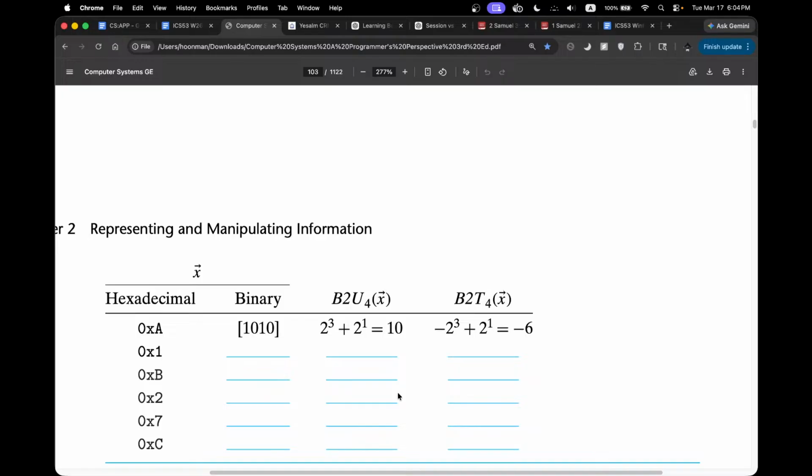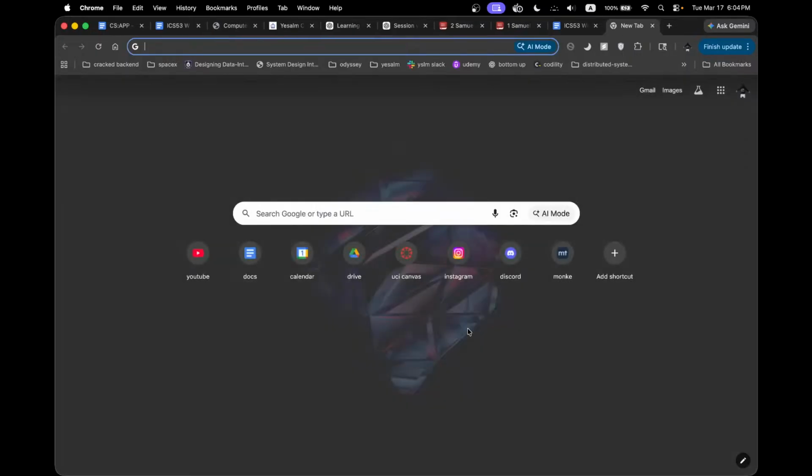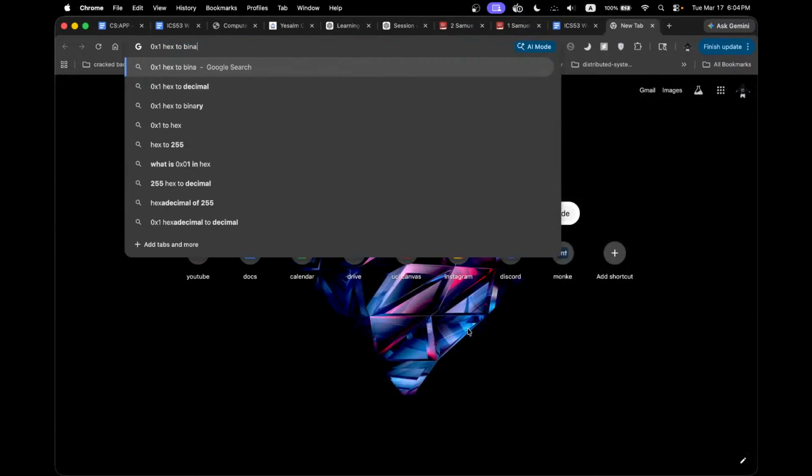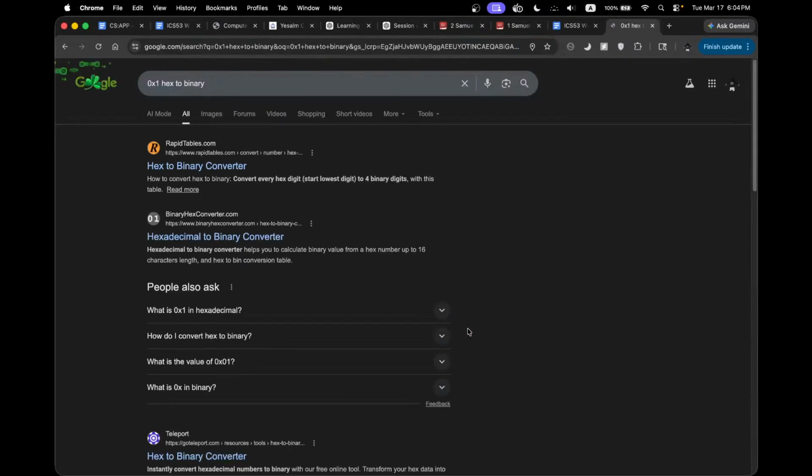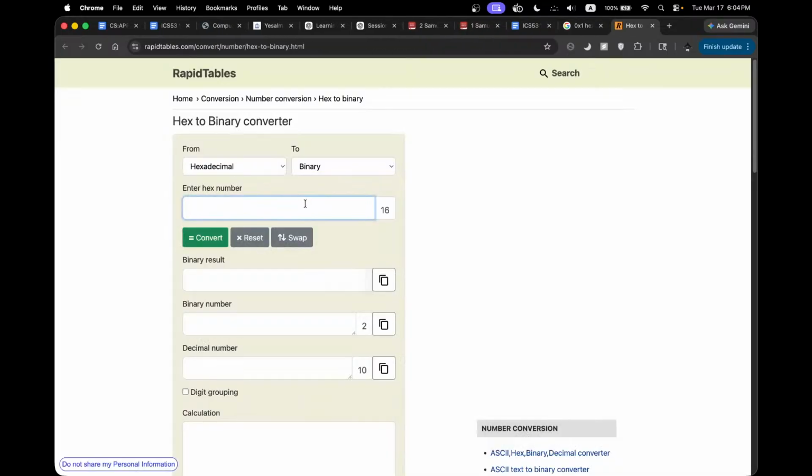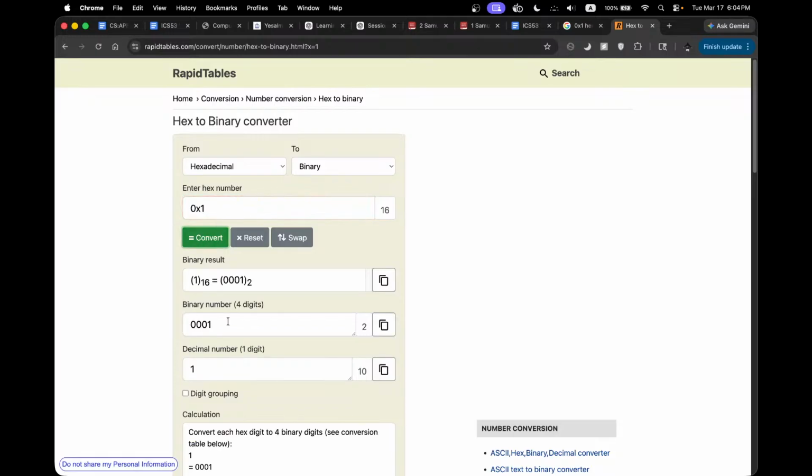Oh, the value. Okay. Wait, 0x1 is just 0, 0, 0, 1, right? Yeah. Okay. 0, 0, 0, 1. This is gonna be 2 to the 0 equals 1.